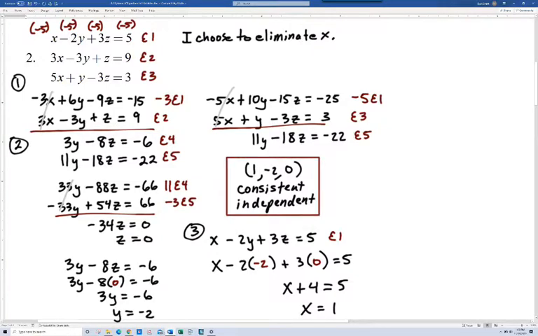Now I want to point one last thing out here. Well, first of all, a couple of things. There's a lot of algebra here that we're doing, and these are long. I think the most important thing is understanding the process, but keep in mind if you're one of those people that tend to make a lot of mistakes as you're adding integers or multiplying or whatever it is, if you make one mistake along the way, it's going to throw everything off.